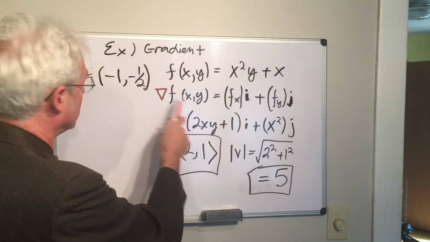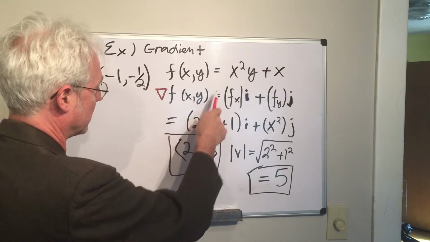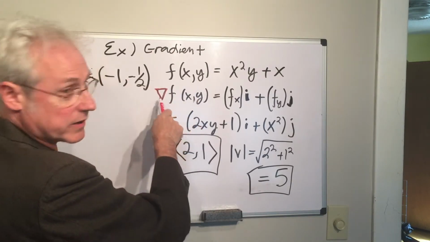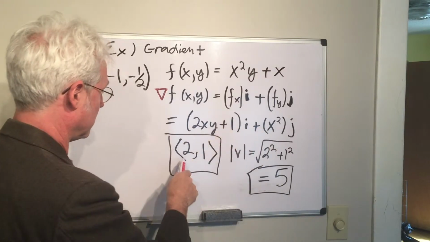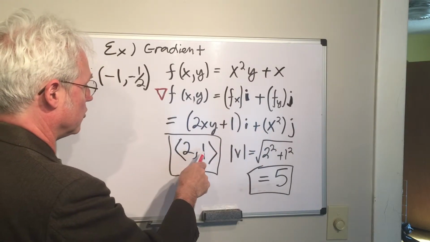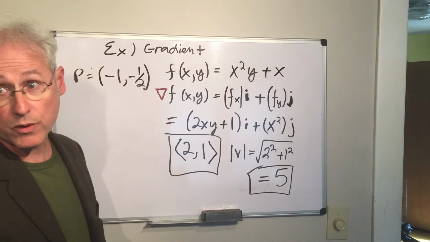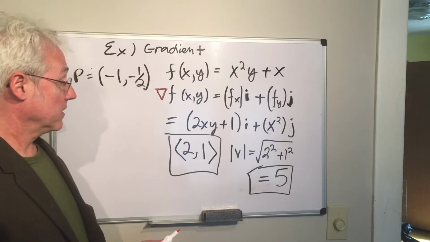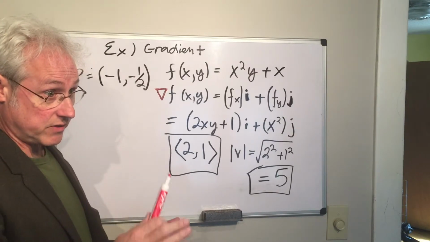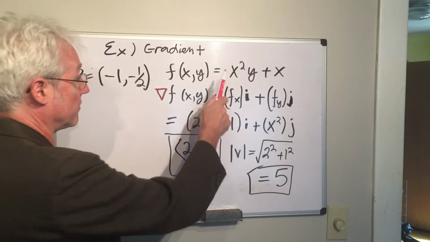Anyway, if we input these into our del gradient operator, we output this vector 2, 1, and like I said before, that is your direction of steepest ascent of our function.